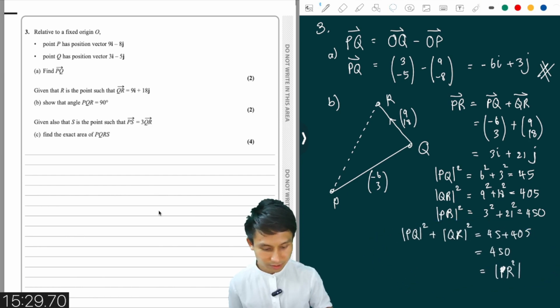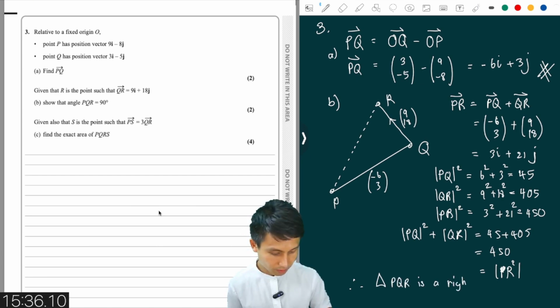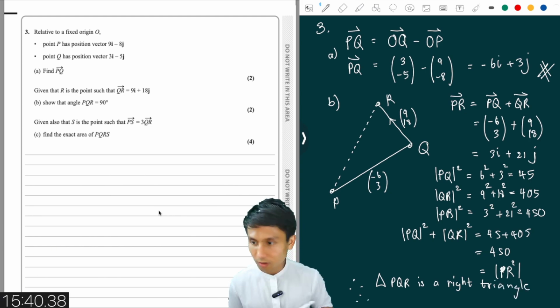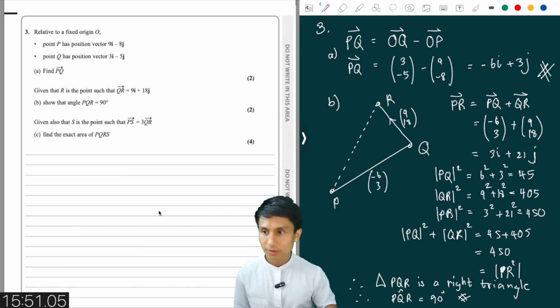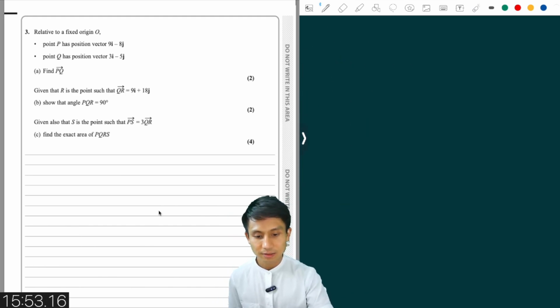That means triangle PQR is a right triangle. Therefore, the angle PQR right there is 90 degrees as required. Okay, we have proved it. Okay, that's part B done.